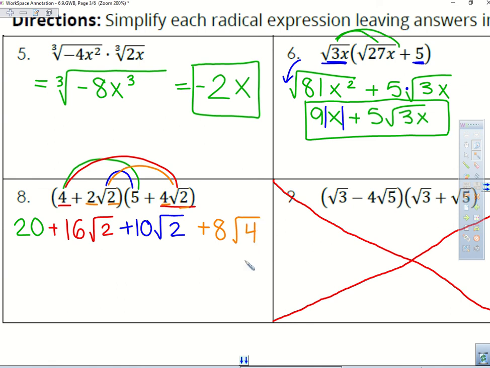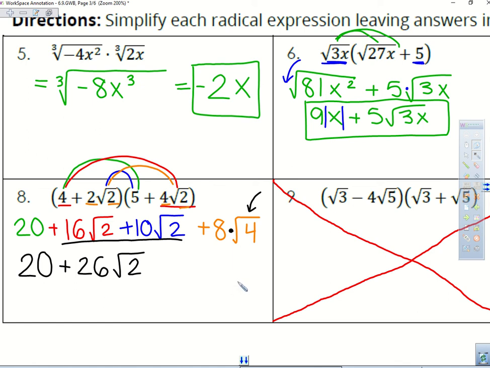So does anybody have any questions on how we got those 4 terms before we proceed? Okay. So what do you notice about the middle 2 terms? They can be added together. Good, they can be added. And then this one can be simplified, because what is the square root of 4? 2. What operation is existing between these two? Good. So radical 4 is 2.